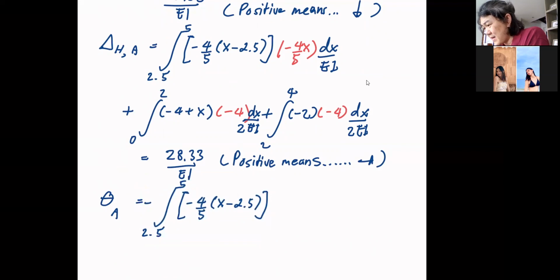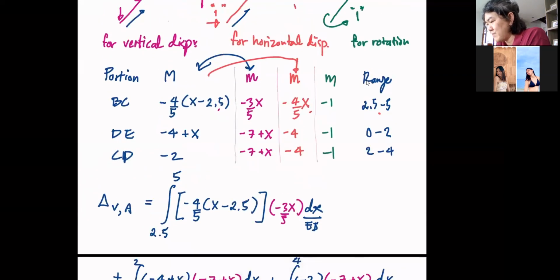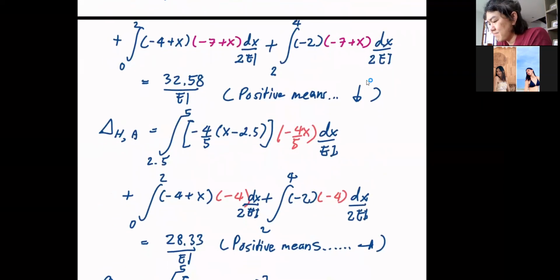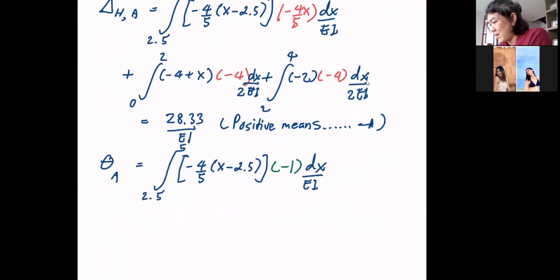And then this will be multiplied by what we got for rotation, which is always minus 1. Should be easy now. Minus 1, and then dx over EI.